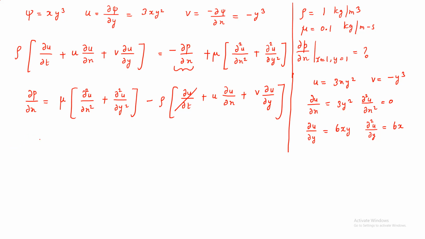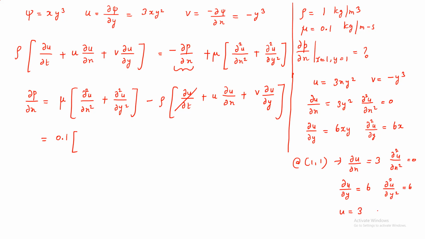Now let's just substitute. We'll get mu is 0.1, right? And this also we have to substitute at 1, 1. At 1 comma 1 we will get dou u by dou x as 3, dou square u by dou x square is 0, dou u by dou y is 6, dou square u by dou y square is 6, and u is 3 and v is minus 1, right?